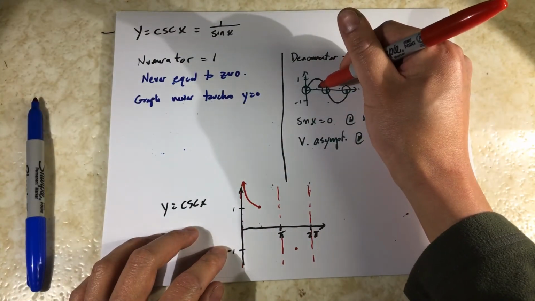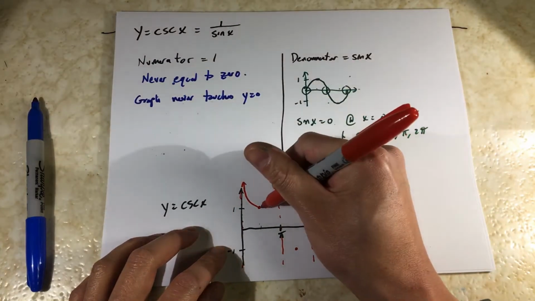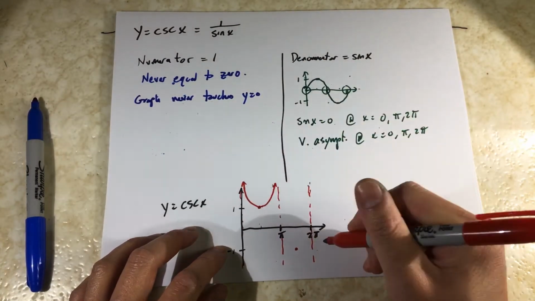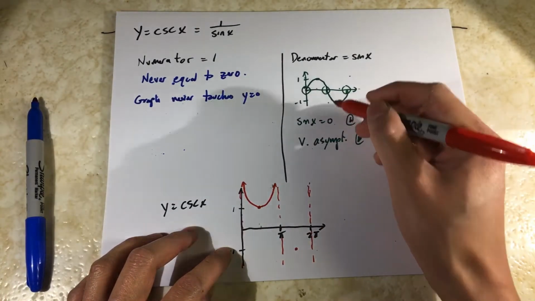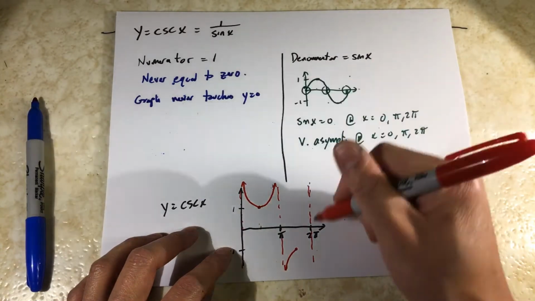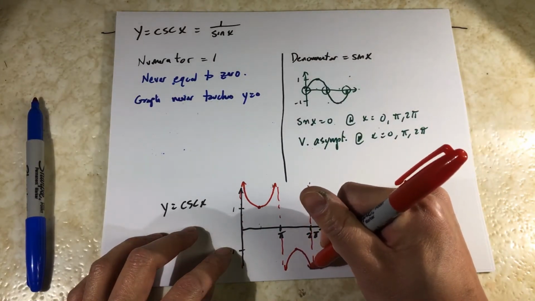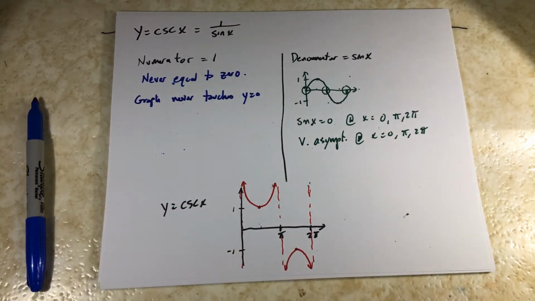And between pi over 2 to pi, it's also 1 over a positive number, so that should go to positive infinity. And then in the negative direction, we have also negative. 1 over a negative makes it go negative. And 1 over a negative in this region also is negative, so you go like that. So that is what the cosecant function looks like.